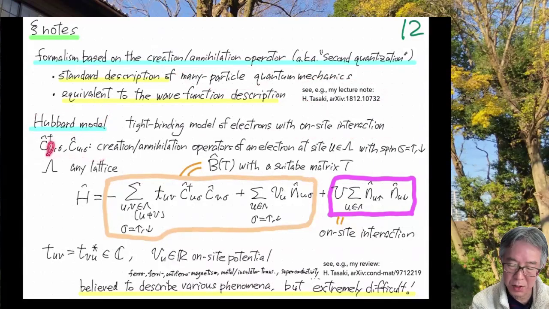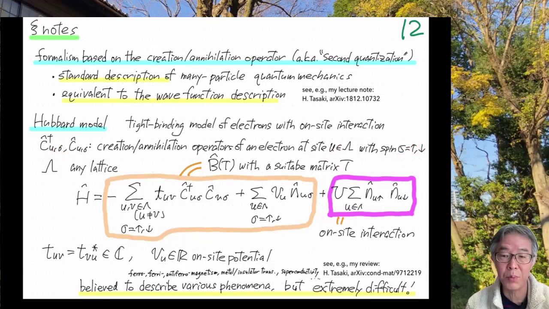Here U is the lattice site, and sigma denotes the electron spin. So U is one of these lattice sites, but in this case, sigma is either up or down. But it's basically the same creation annihilation operators and satisfies the same canonical anti-commutation relation.